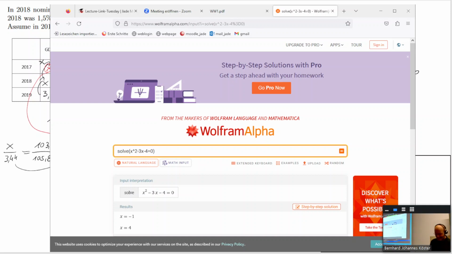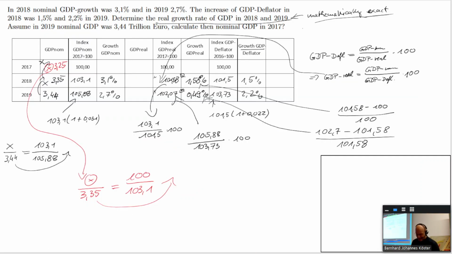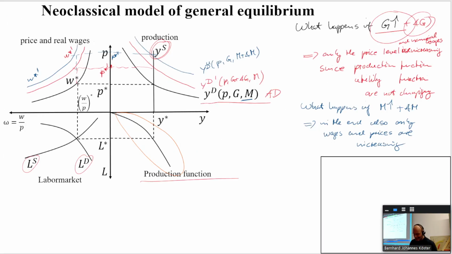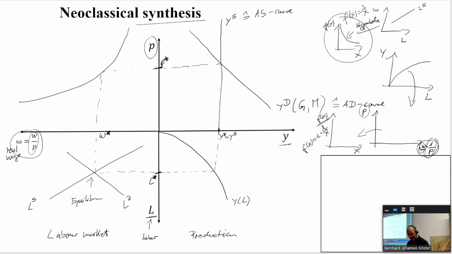But using these very helpful tools just means that this is bending to the right. Because then with the same level of labor input, we obtain a much larger level of output.